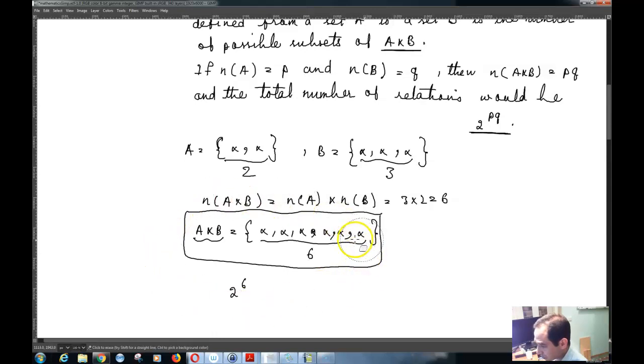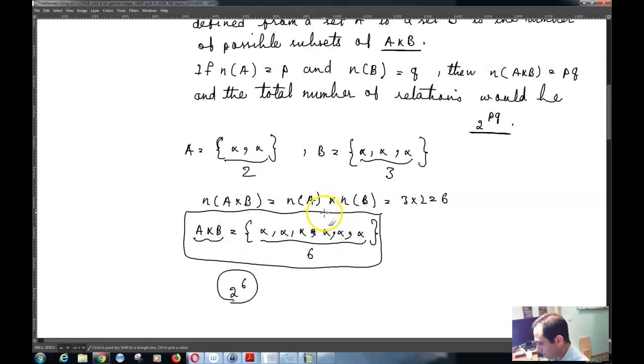That's how you calculate. And this 2 raised to the power 6 is basically the total number of subsets of this set. So for now, just keep this or memorize this if you need to, and then we will use it in different ways.